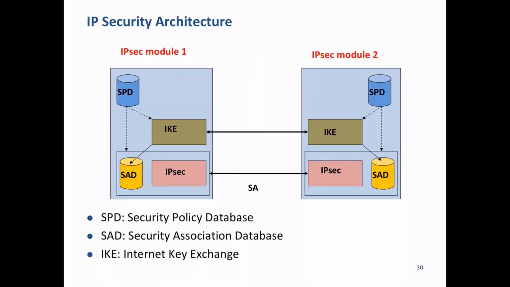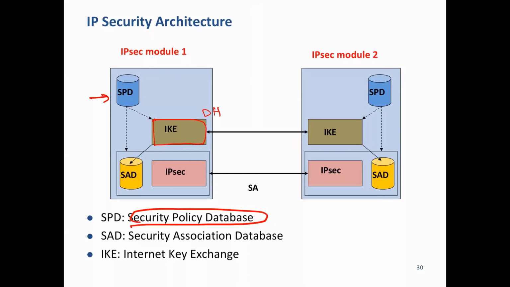All right. Now the architecture is as follows. There is Internet Key Exchange, which is nothing but the Diffie-Hellman algorithm. Then we have something called the security policy database. Now once an IP packet is generated, based on something, a decision has to be made whether it has to be encrypted or not.